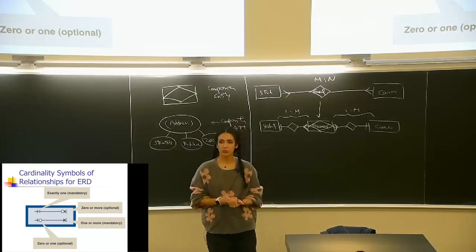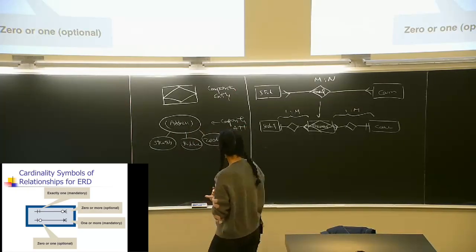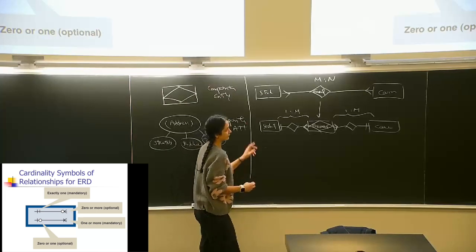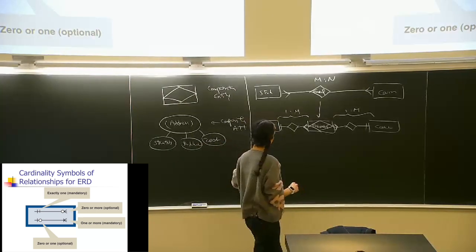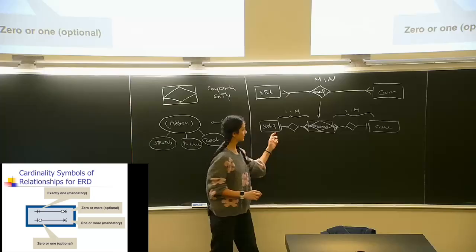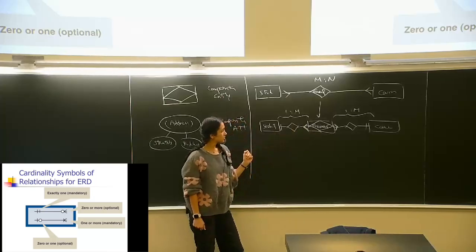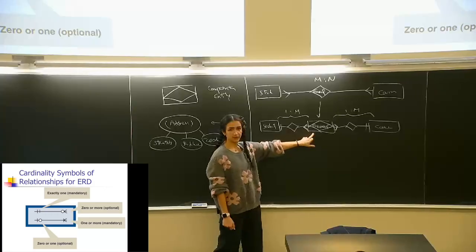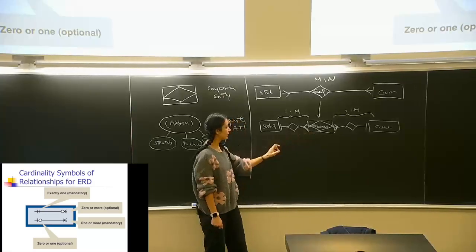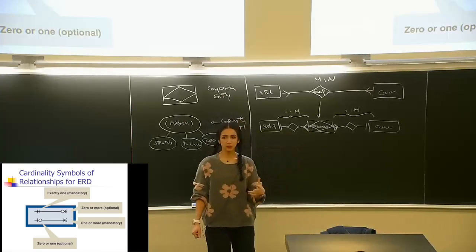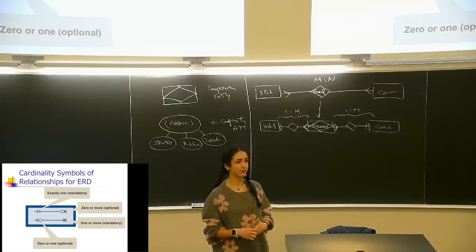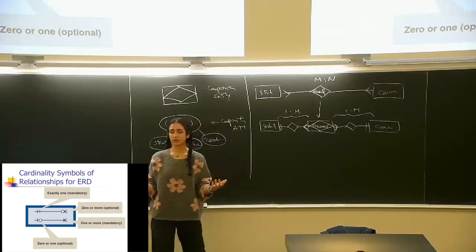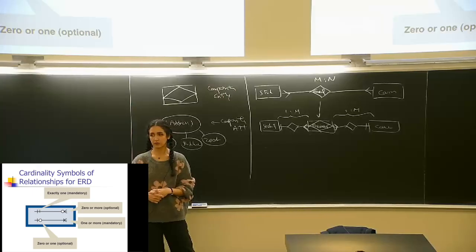If it is, for example, optional or mandatory, we also call it participation. We want to see whether, for example, a student and enrollment, consider this relationship. So we say each student can have multiple enrollments, right? Now, should a student necessarily have an enrollment, or can we have a student that is not enrolled in any course?